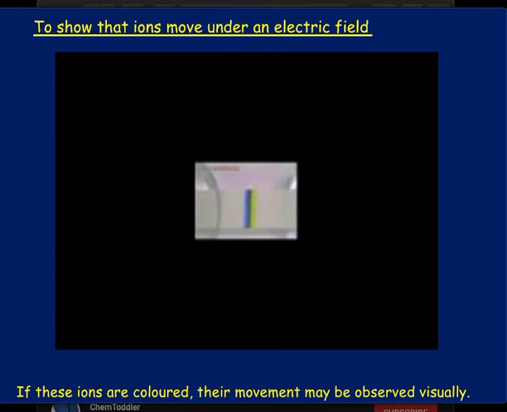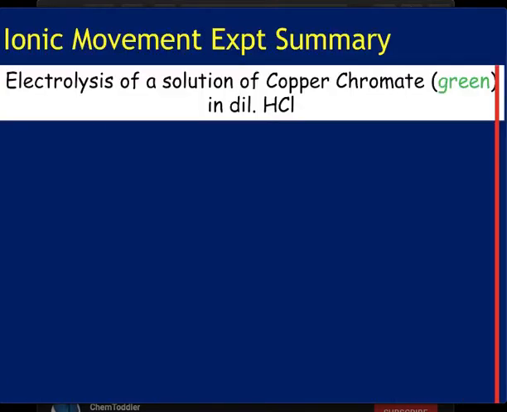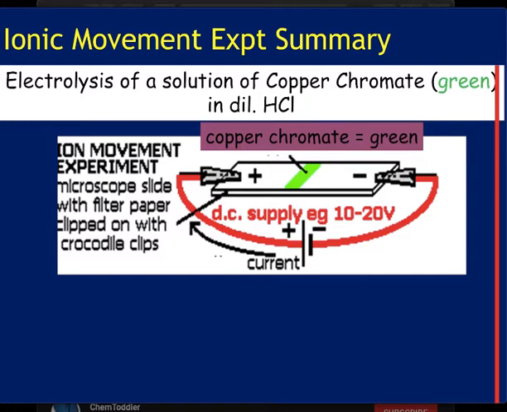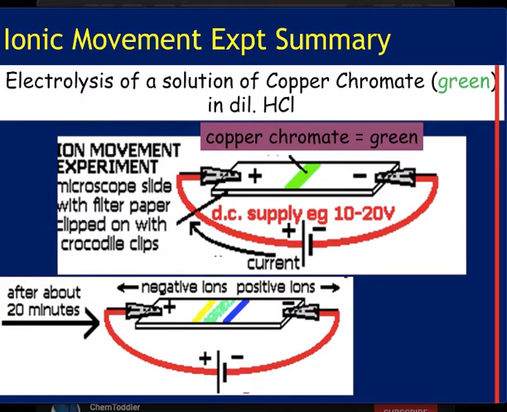So the fact that the ions are coloured allows us to see what's happening. So your copper chromate is green in the middle, and once you apply your charge, the ions will move toward the oppositely charged electrodes.